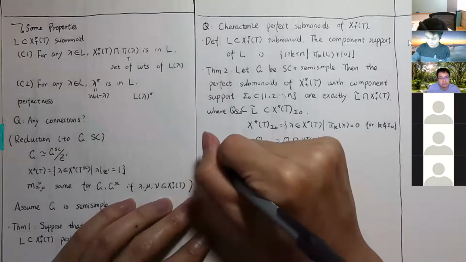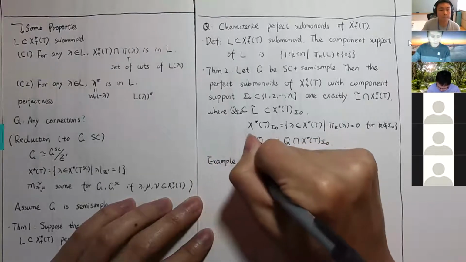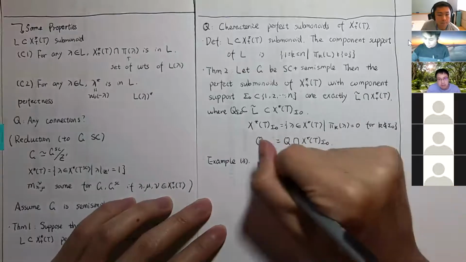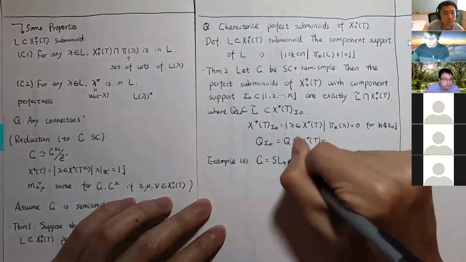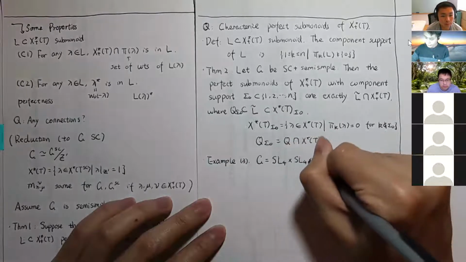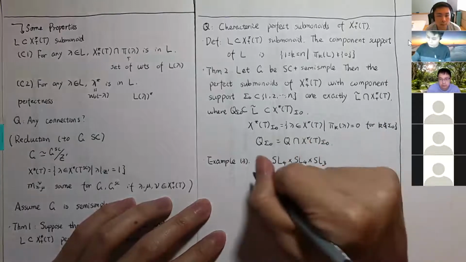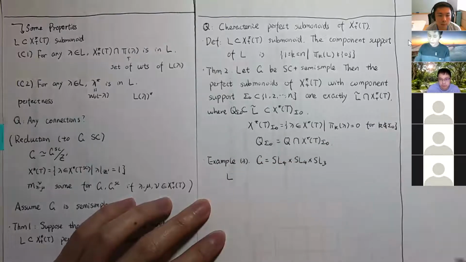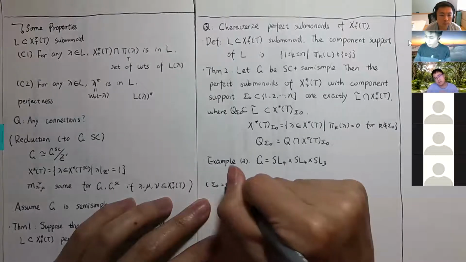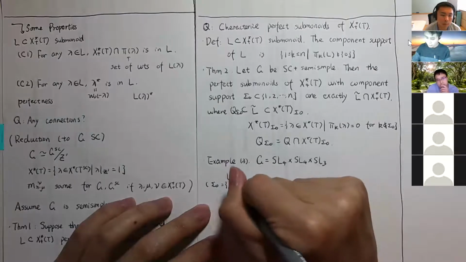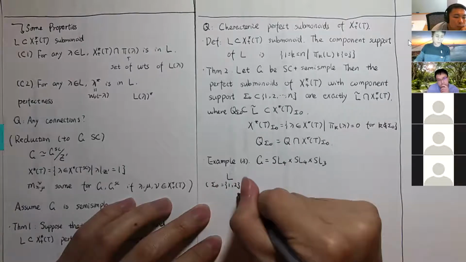So maybe we can look at an explicit example. Let us choose G to be the product SL4 times SL3. And then we look at those perfect submonoids whose component support is 1 and 2. So there are 3 components, and we let the component support just be 1 and 2.